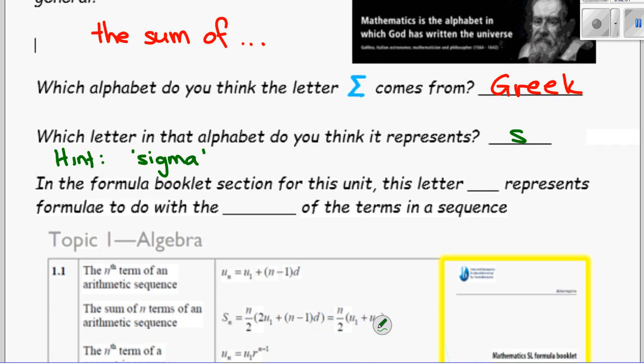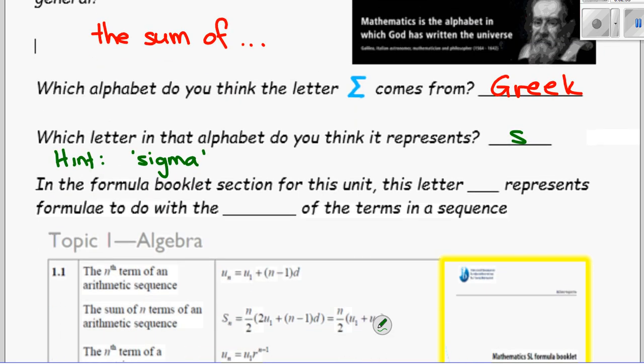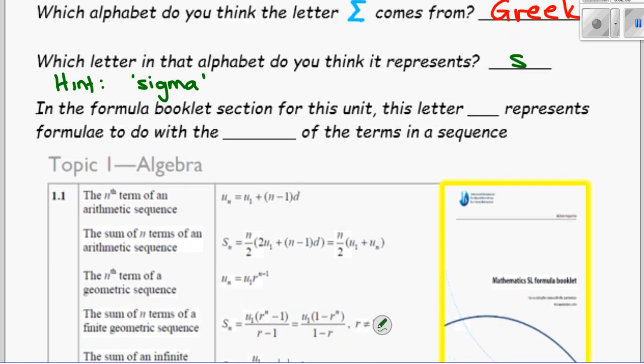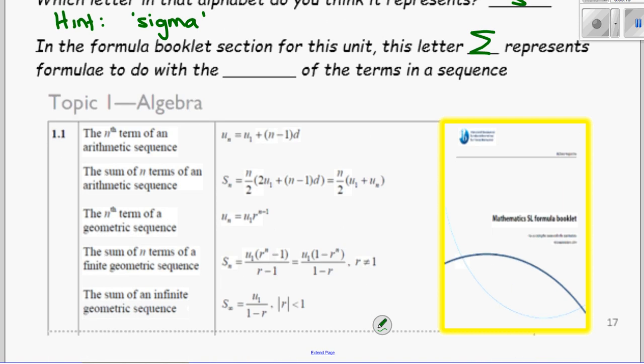Cool. So in the formula booklet section for this unit, this letter, sigma, I don't know why I wanted you to write it. I think just to get into the habit of writing it. That's a pretty dodgy version of it. Represents formula to do with the sum of the terms of the sequence. What am I going on about?